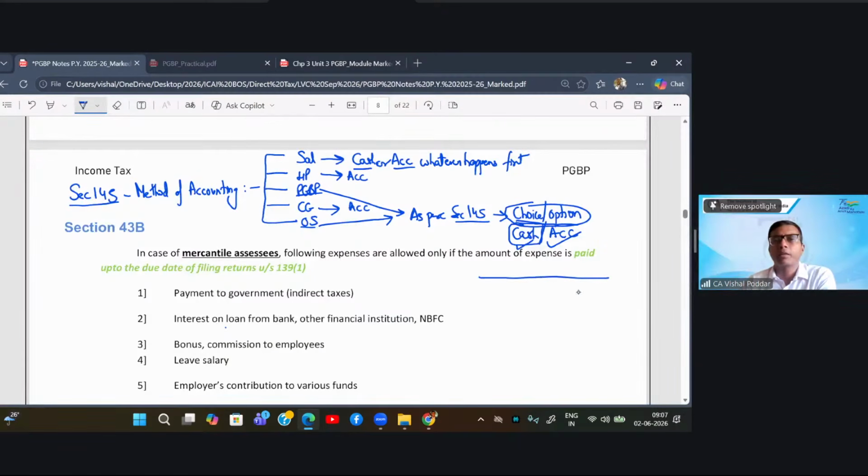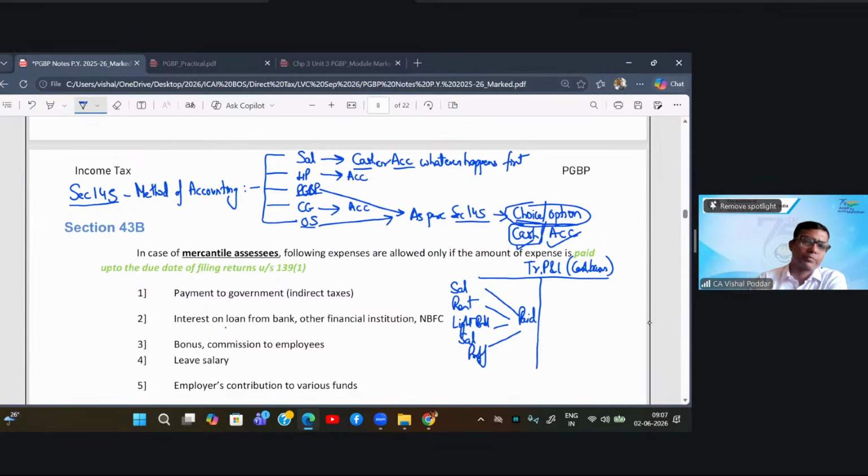Your P&L will have all these expenses of what amount? Only of the amount which is paid. This is what is cash basis.